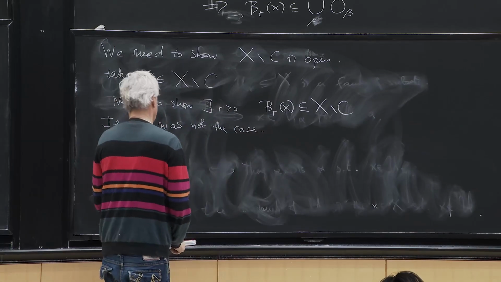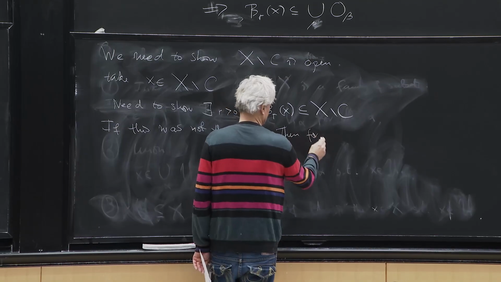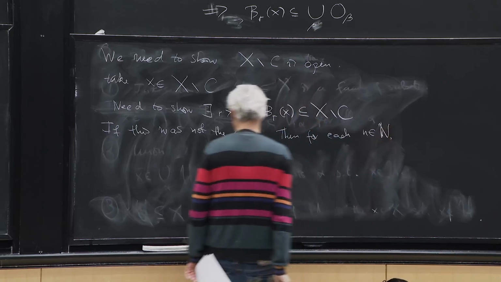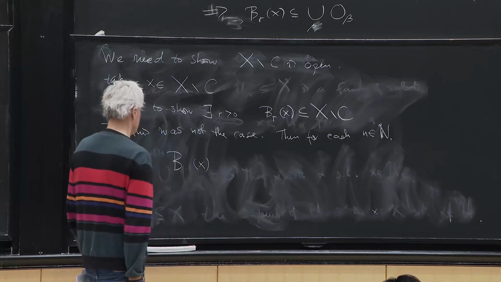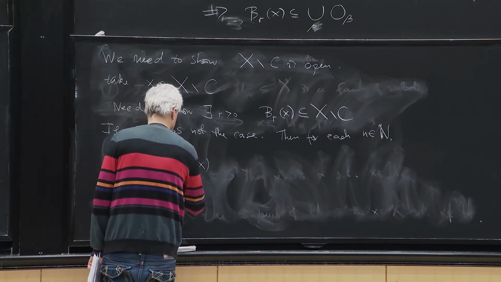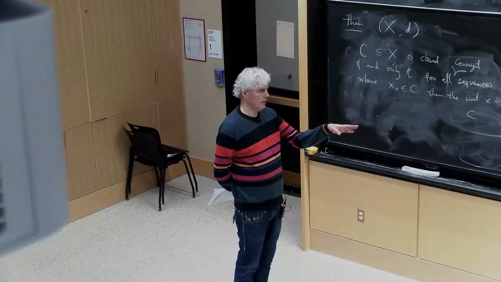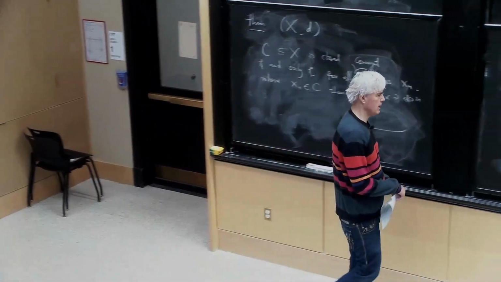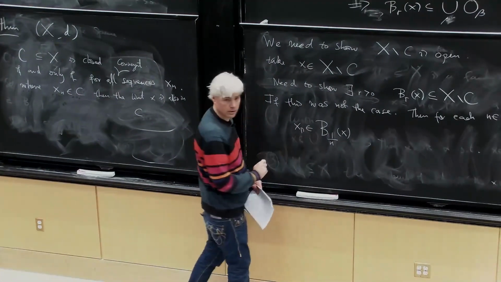then for each natural number n, I can look at the ball. It's always going to be centered at this x, but I'm looking at it with radii that are smaller and smaller. If for each natural number n that ball was not contained in the complement, this means that for each n you could pick xn in that set.